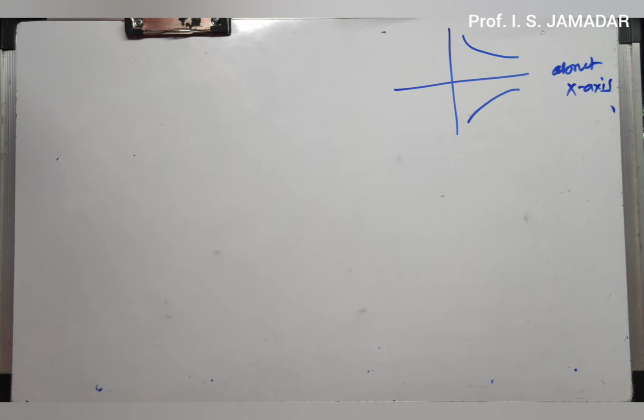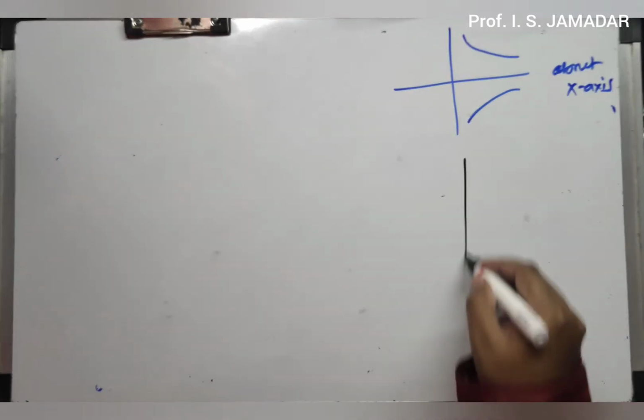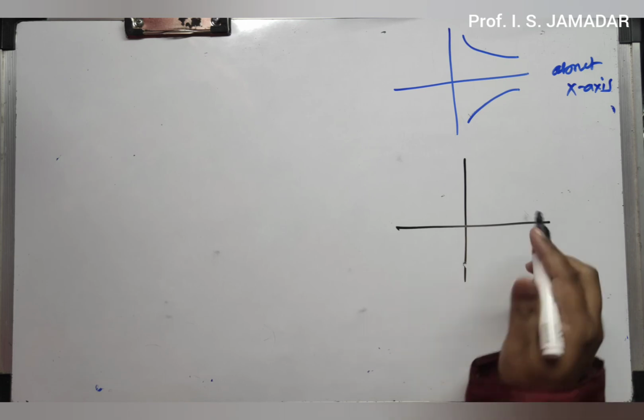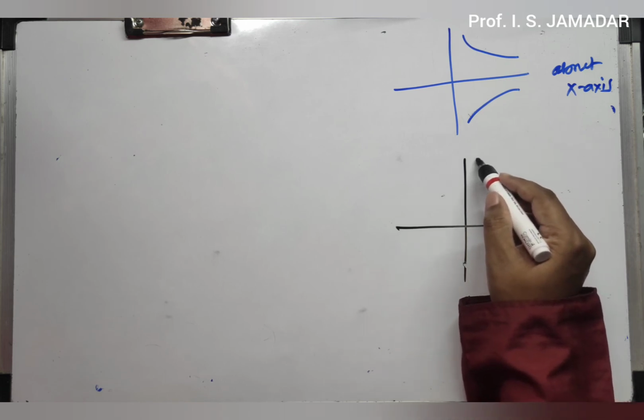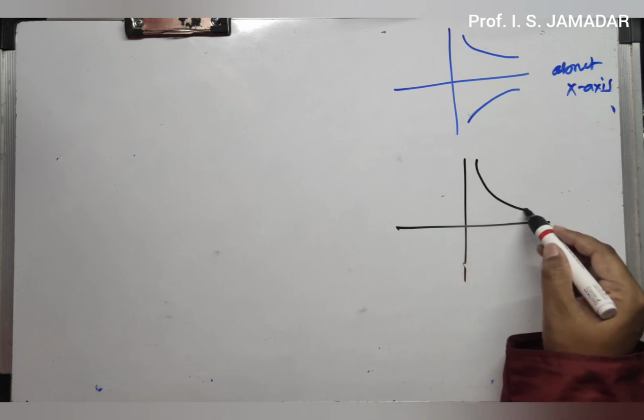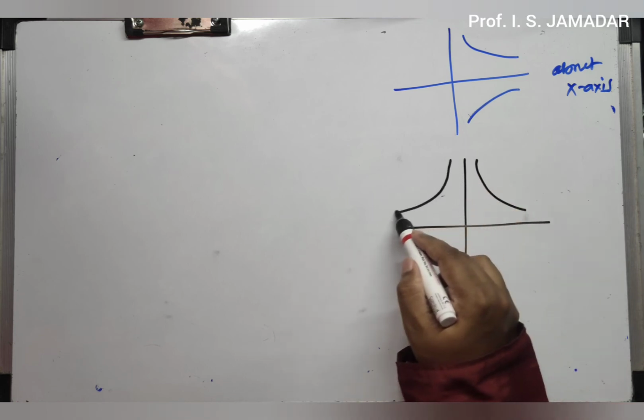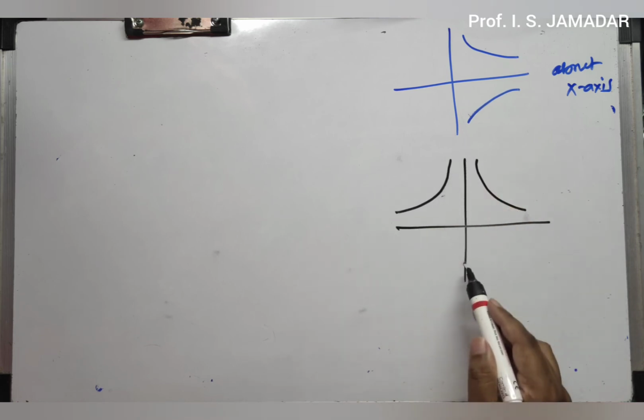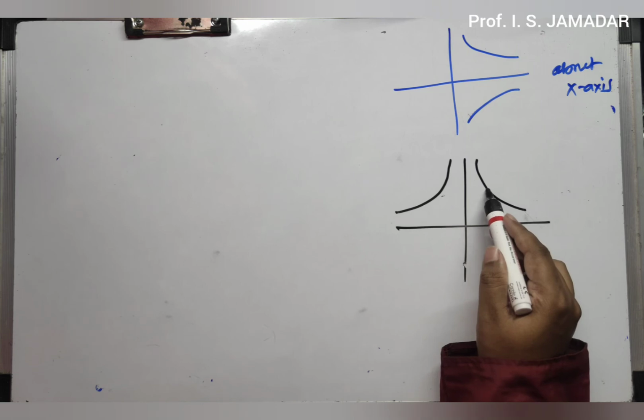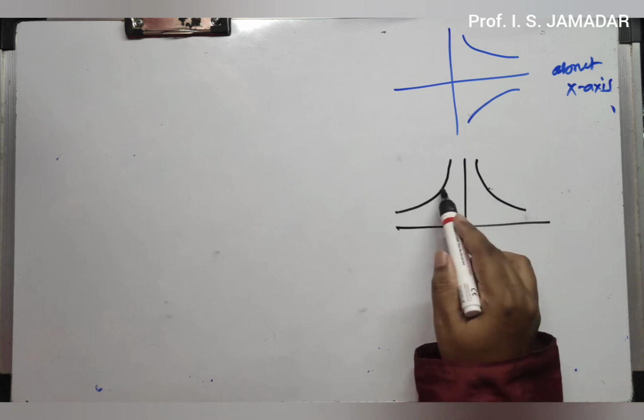Then second, suppose I have the diagram of the curve like this. Now you can see that the y-axis, the vertical axis, is acting as a mirror, and these two parts of the curve are mirror images of each other.